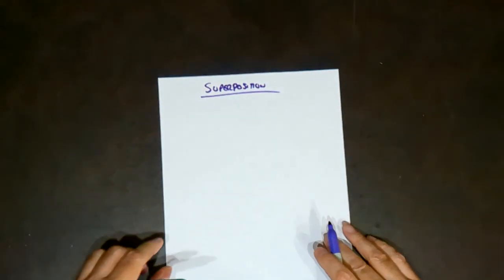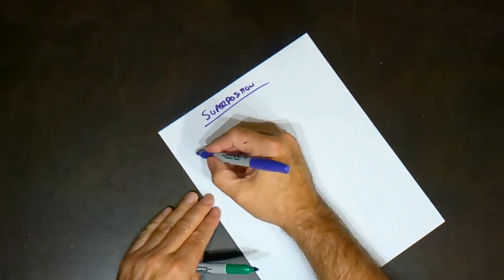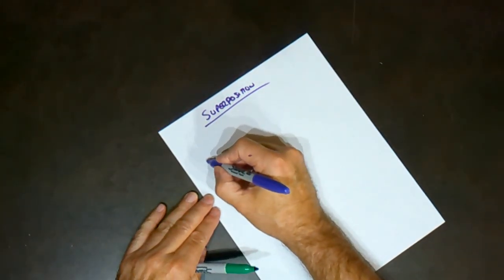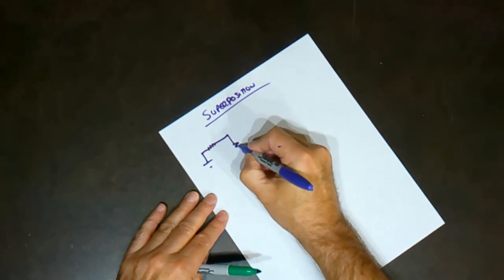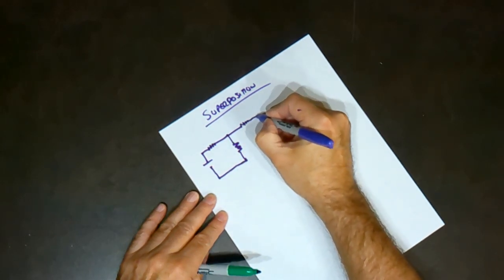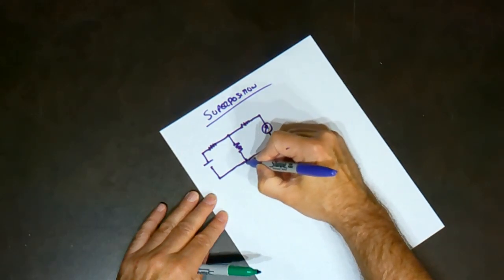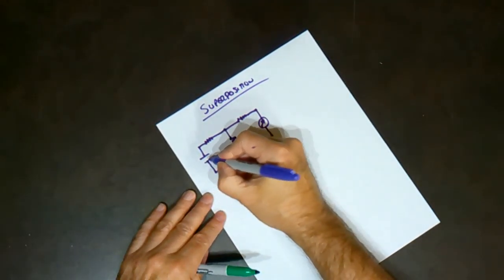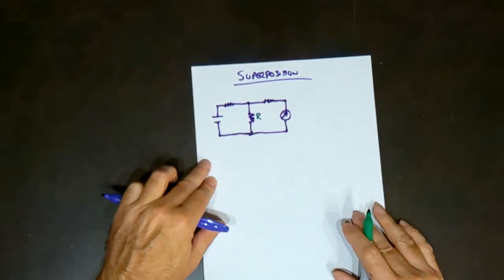Next is superposition theory. Superposition theory is a theory that we use when we are calculating currents through a circuit when we have more than one power supply. So let's pretend I want to calculate the current through this resistor.